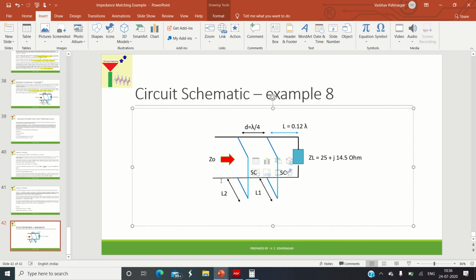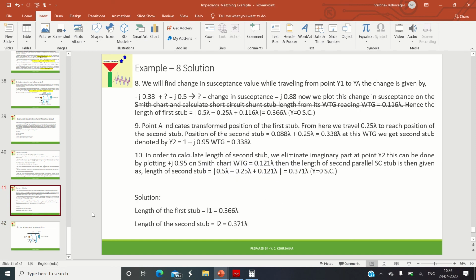And finally, you need to write the characteristic impedance of the transmission line with which we matched the complex load impedance, that is 50 ohm. And here you need to specify the short-circuited lengths for the first and second stub, 0.366 and 0.371.